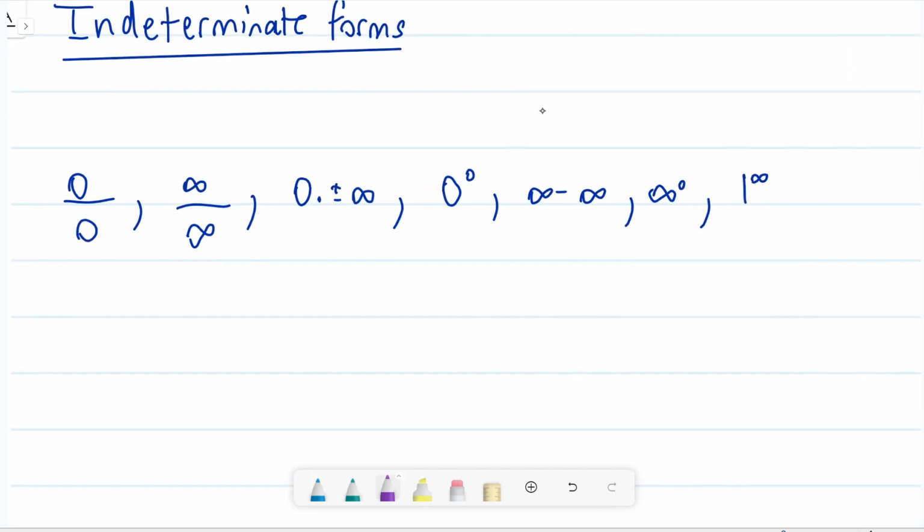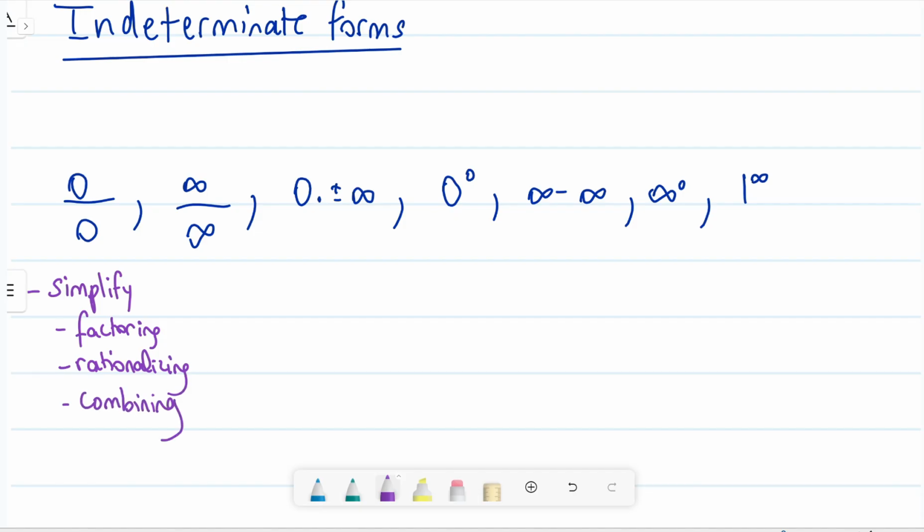Let's check. If we get 0 over 0, we already discussed this one. You can simplify by factoring, by rationalizing, or by combining fractions.